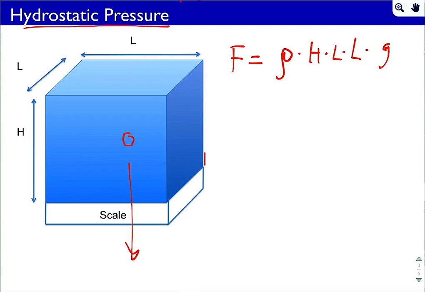So this is mass times gravitational acceleration. And again, G is about 9.81 meters per second squared.